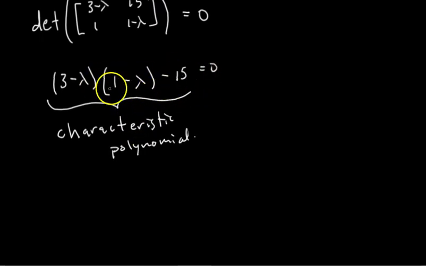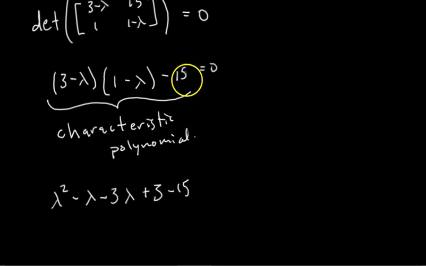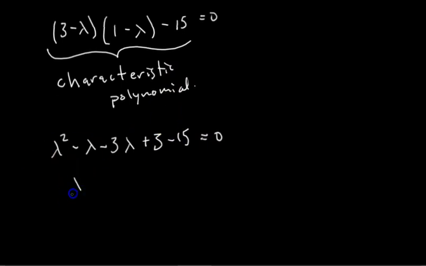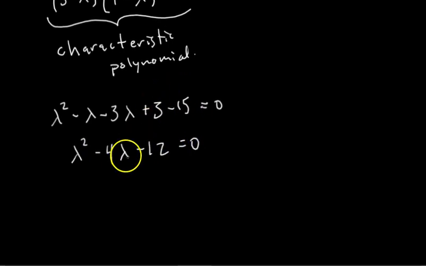So then we can just do some more algebra. This is just algebra 2, right? You just solve this for lambda. So I'm going to FOIL this and then refactor it and see if we can get some solutions. By foiling this, I get lambda squared minus lambda minus 3 lambda plus 3, and then this minus 15 is still there, equals 0. And I can rewrite this as lambda squared minus 4 lambda minus 12 equals 0. This is factorable, right?